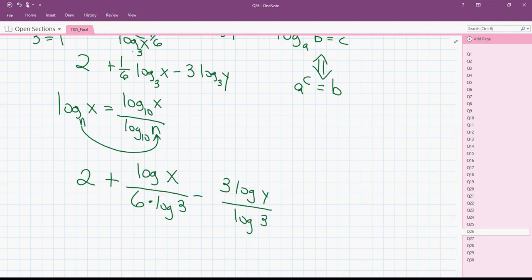And all of these are, in theory, base 10, but by standard, we're just dropping the 10. It's implied that it's there. So now we've rewritten this logarithm entirely in base 10. Actually, for this one, let's just put them in. So this is log 10, this is log 10, this is log 10, this is base 10.